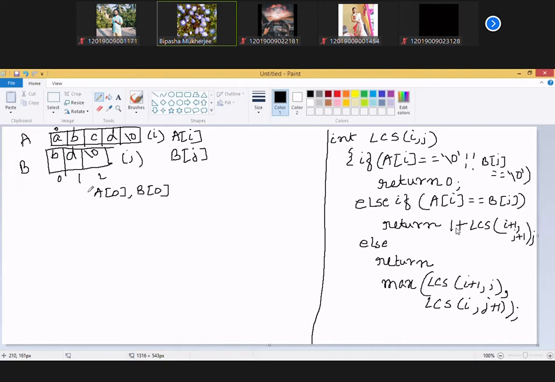The first thing is, what is the content of A0? A0 is A. What is the content of B0? That is B. Are they matching the first if condition? No. Are they matching the second if condition? No. So they will come to here.